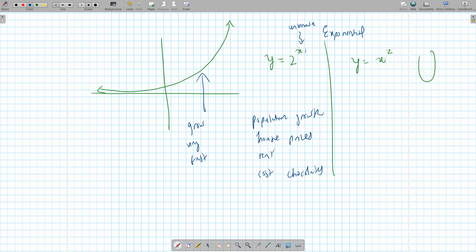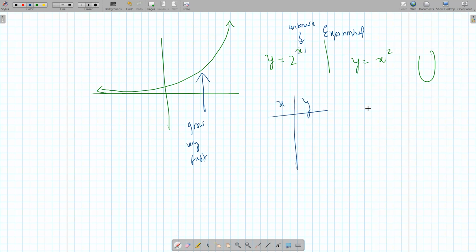Let's make a table of values. You'll see that this one is going to win, and when it wins, it's going to win big. Let's make an x and a y for this, x and a y for this. Now look at this. When x is 0, what's the y value? 0. x is 0, y is 0, and then 1, 1, yada, yada, right? 5 would be 25, yeah?